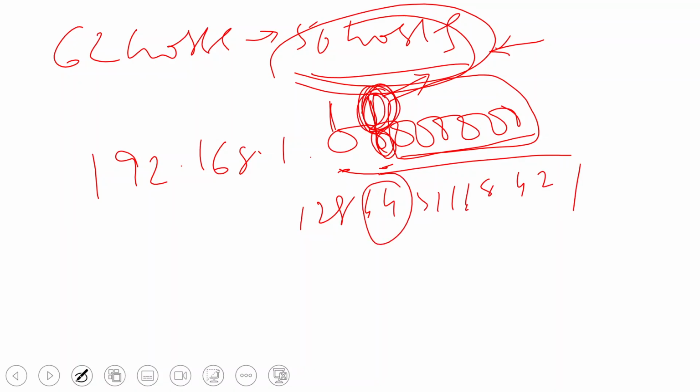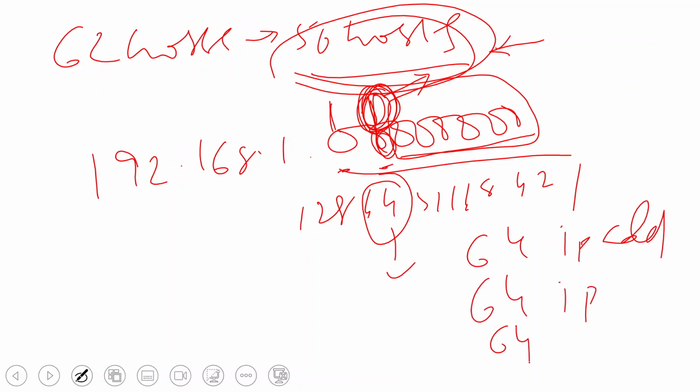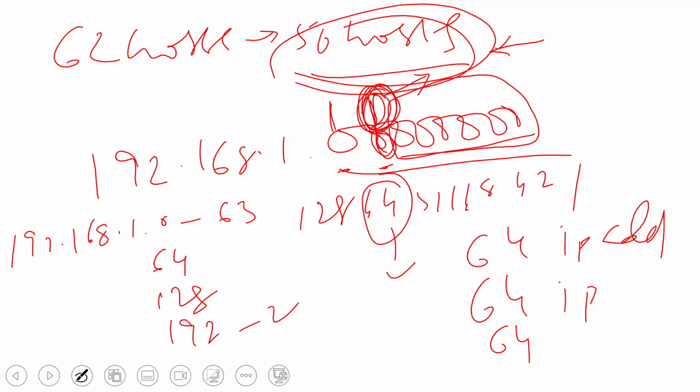So you need to divide your IP addresses into ranges of 64 addresses each: 64, 64, like that. I'll show you here: 192.168.1.0 to 63, 64 to 127, 128 to 191, 192 to 255.